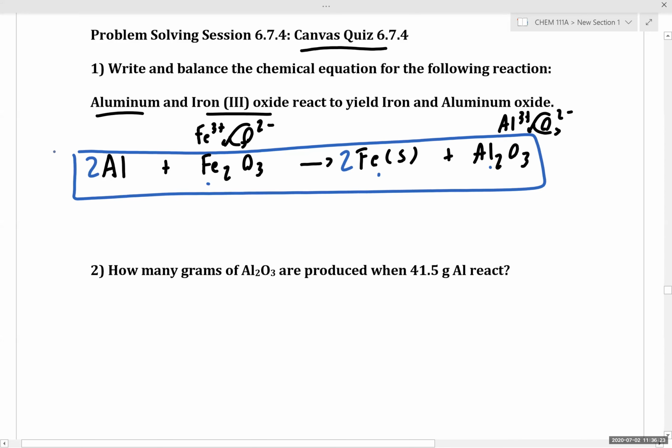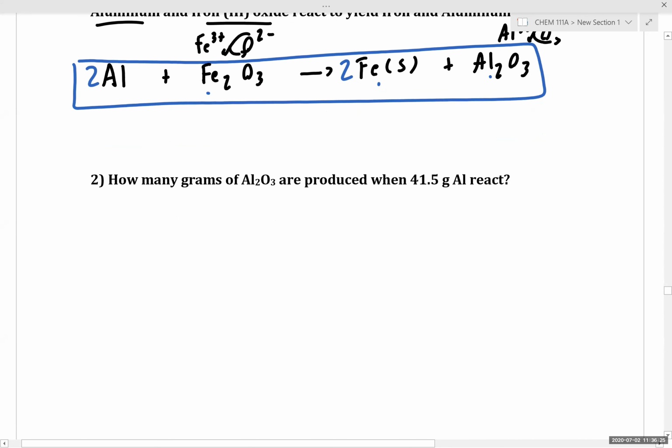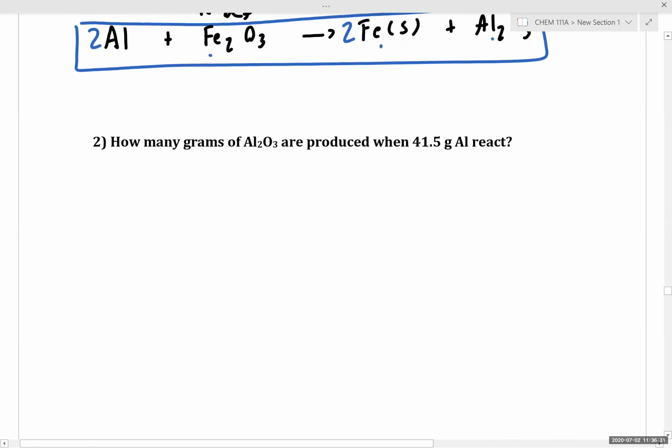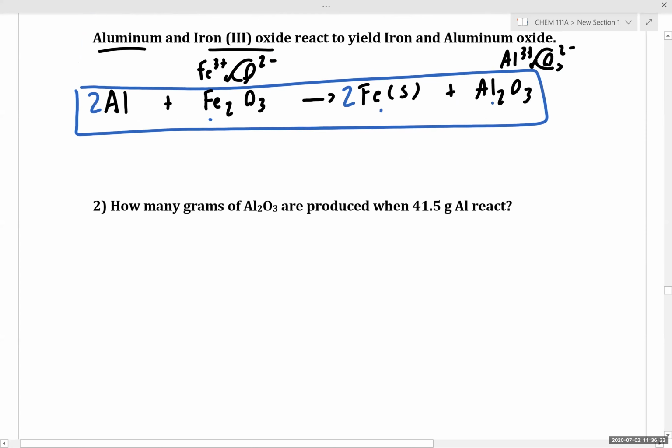So let's take a few additional minutes. And now that we have the balanced chemical equation, let's use that to solve these 2 stoichiometry problems. And we'll discuss this example in about 2 to 3 minutes now that we have our balanced equation. Let's try to get a few more responses via Canvas and in the chat.